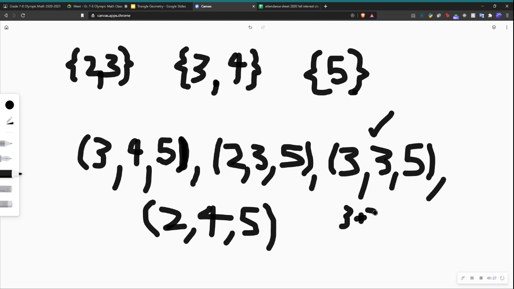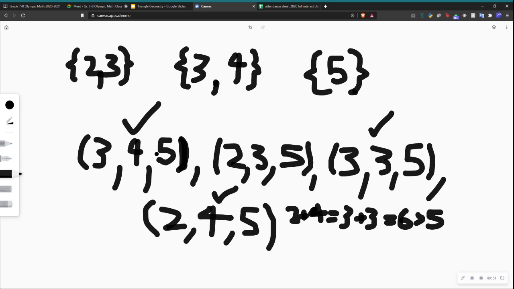What else works? Yep, this also works. So you have 2 plus 4, it's also 6. All right, and what else works? Yeah, 3, 4, 5 also works. 3 plus 4 gives you 7, and 7 is obviously bigger than 5.